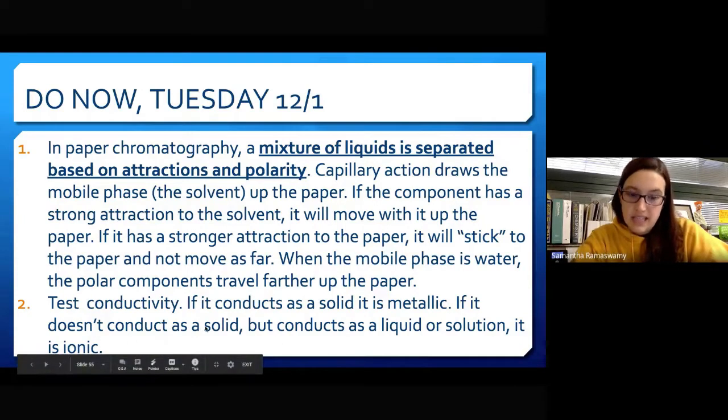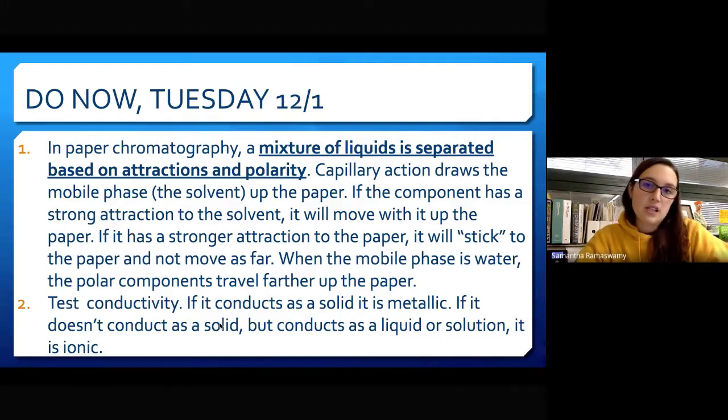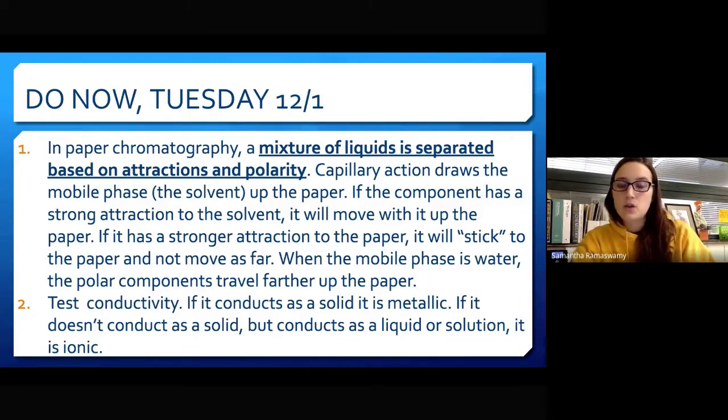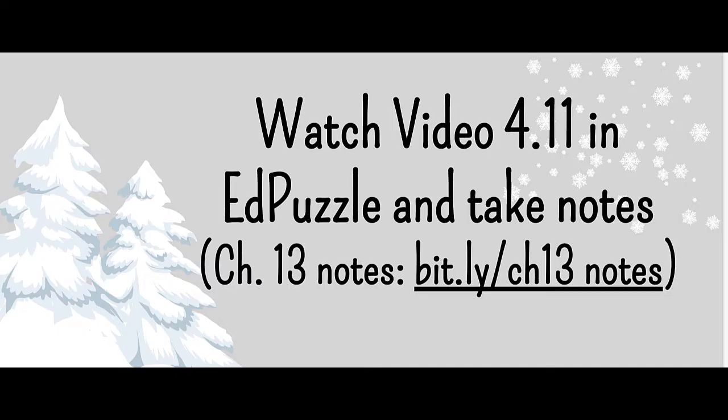This second sentence about ionic solids is always what we see. So if it doesn't conduct as a solid, but then you melt it down as a liquid, or you dissolve it in water to form a solution, and it conducts electricity at that point, then it's ionic. And then molecular and covalent network, they differ in terms of conductivity. So conductivity for sure allows you to determine metallic or ionic.